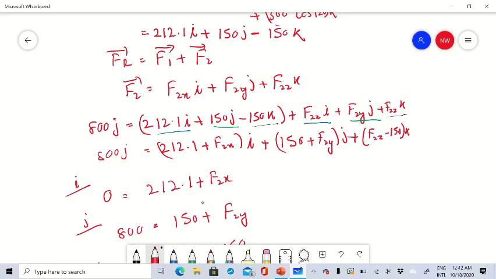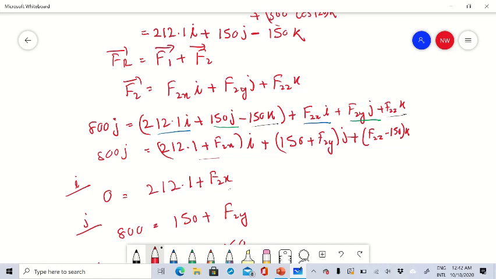We express like this, right? So the vector summation of these two forces should equal the resultant force, right? The i terms in the resultant force is 0. So the i terms on this side should also be 0. So which means 0 should be equal to 212.1 plus F2x, right?